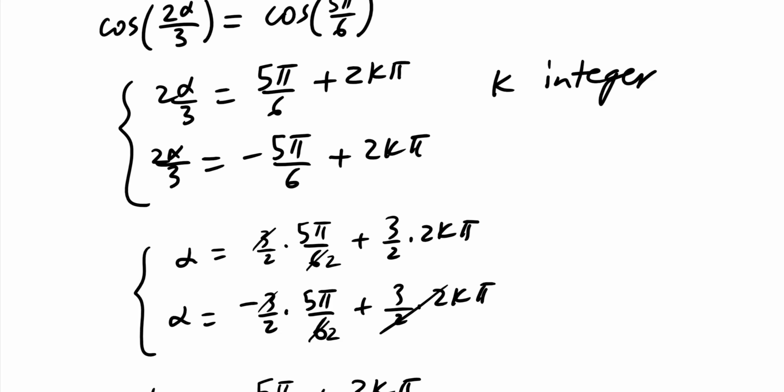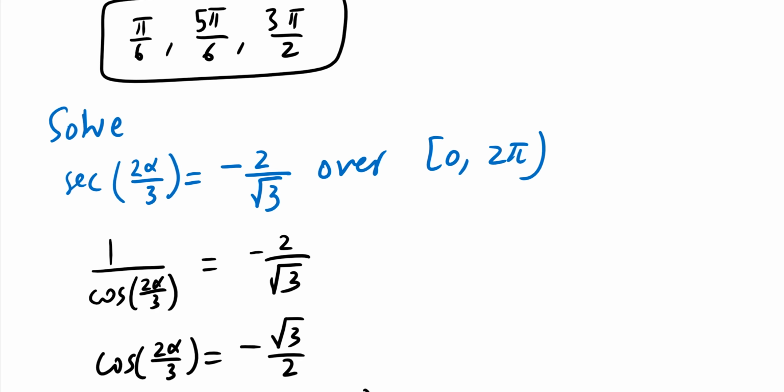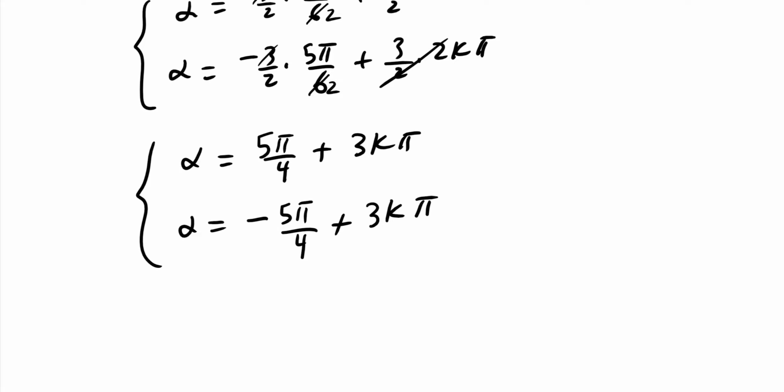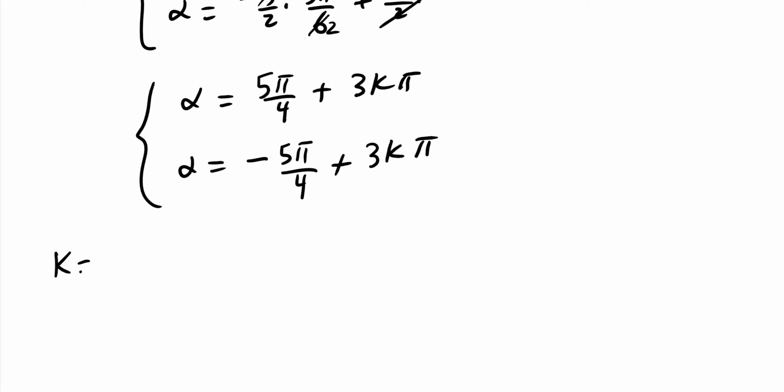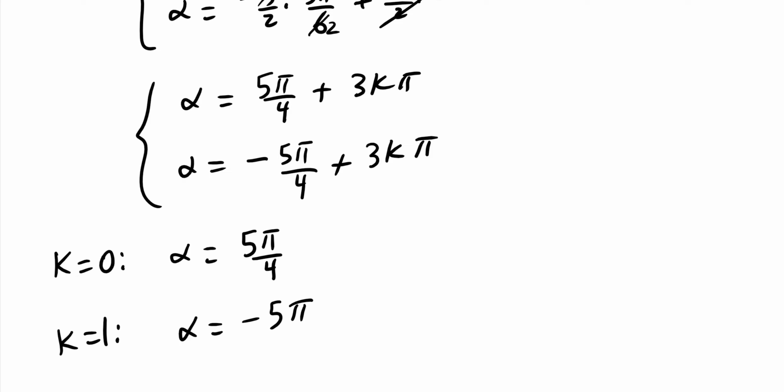Now, did they give me a condition on alpha? Yes, it's 0 to 2 pi. So we must start taking values for k. K equals 0: alpha would be 5 pi over 4 only. The other one doesn't work. What about if k equals 1? What do we get? The first one exceeds 2 pi already. But the second one, let's test it out. Negative 5 pi over 4 plus 3 pi.